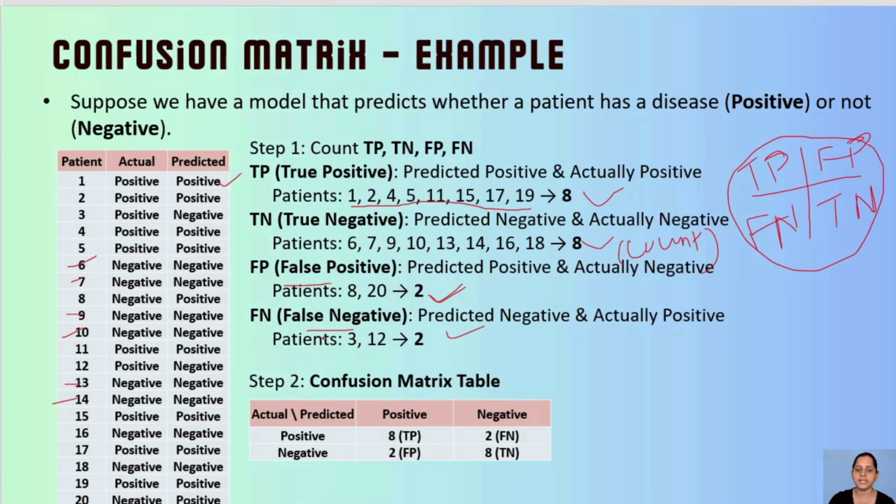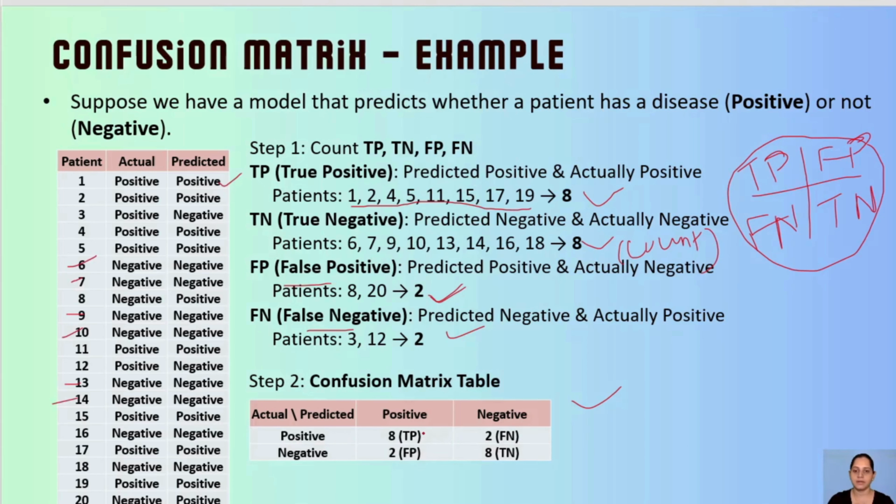And what is my false negative? Predicted negative and actually positive. So this is how your confusion matrix table looks: actual or predicted, positive, negative, positive, negative. Positive is coming like this, negative is like this.